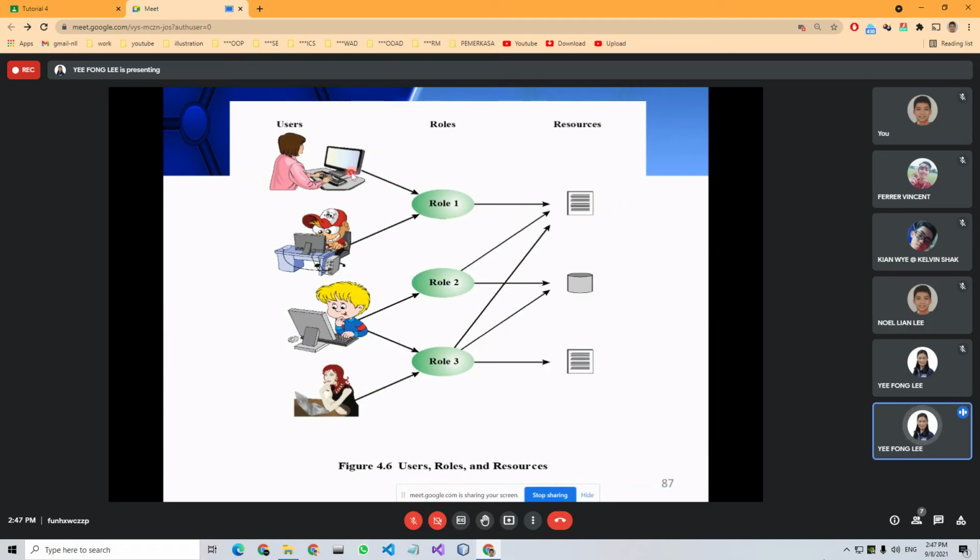What role, what functions within the organization, and then which access right is assigned. Do you understand this? Different users have different roles. If a role one, they can access these resources. If they are playing another role, they can access more, based on what role they are playing.